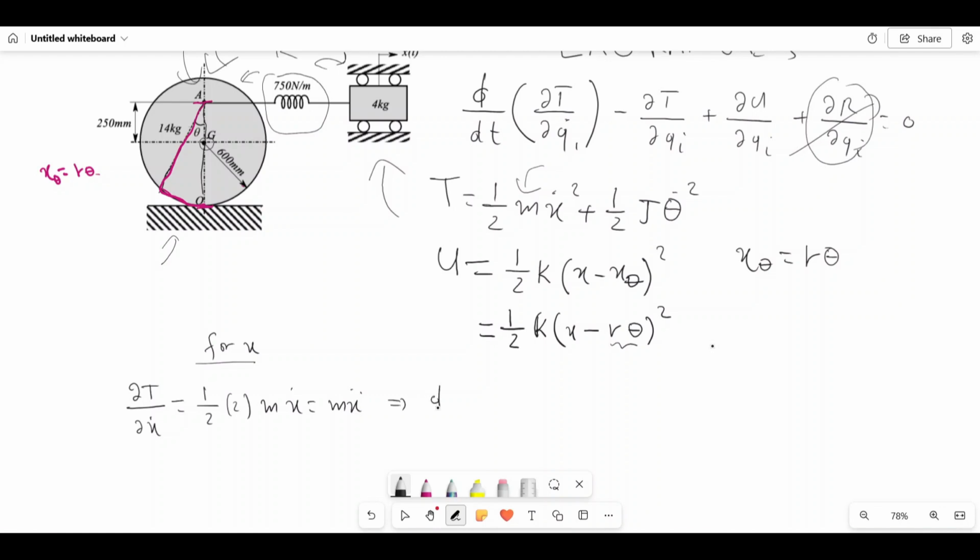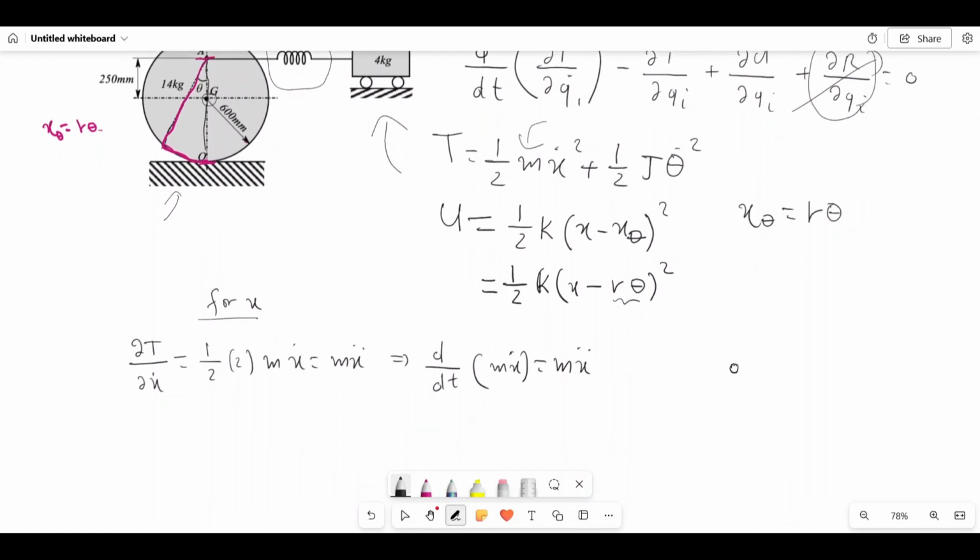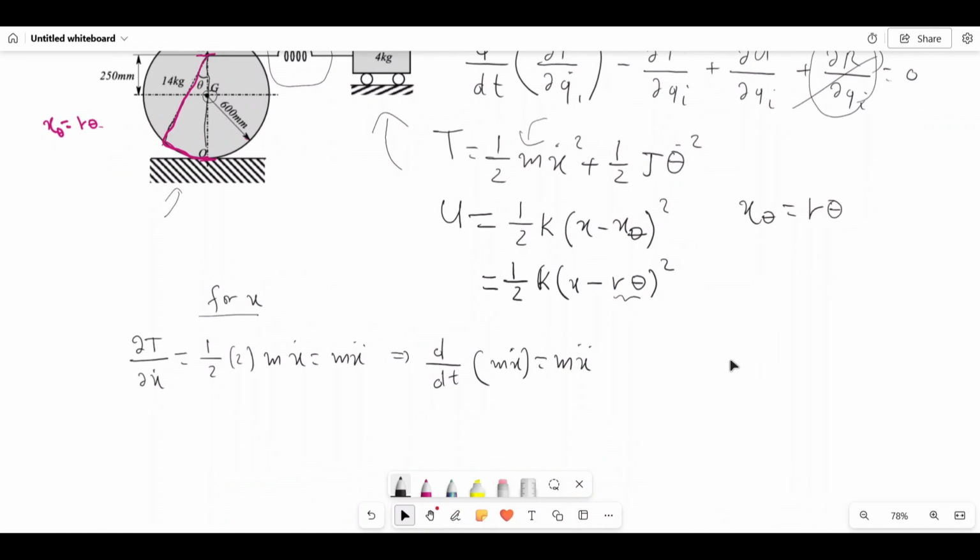Another thing is differentiating this function in terms of time, which is m x dot. The answer should be m x double dot. So already we are done there. And again, remember what I said, we can come here and write partial t, partial x, which is 0. I have explained the reason earlier on. You don't even have to bother yourself about it.